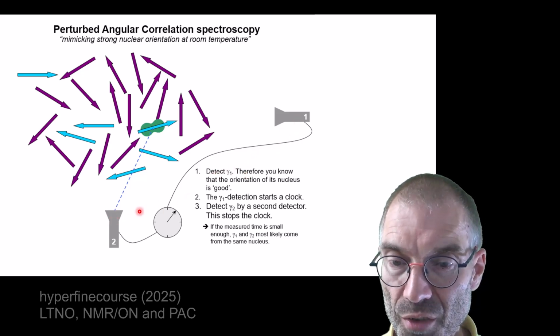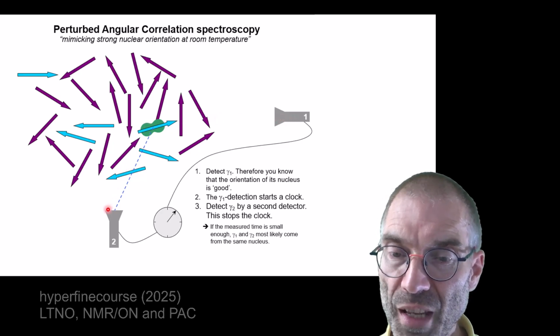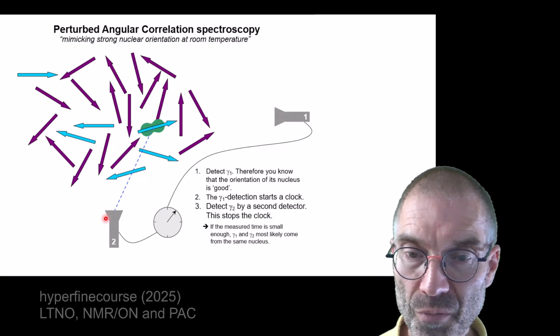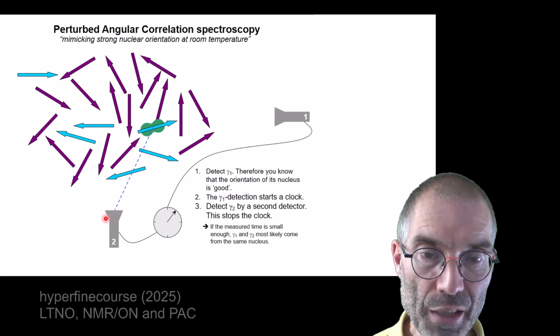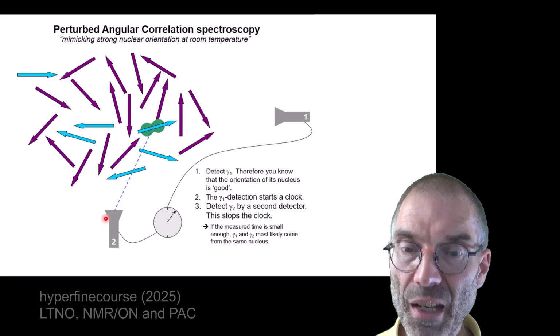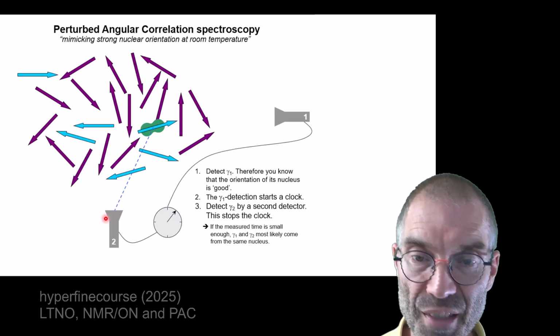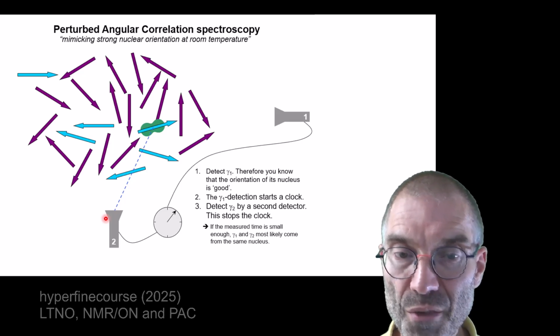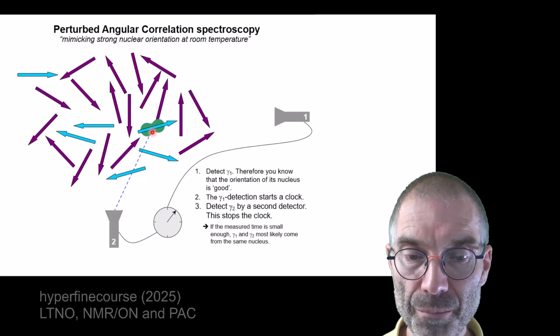So you measure the time difference between the emission of the first photon and the emission of the second photon. And if that time difference is within, say, 5 times the lifetime of that intermediate level in the cascade, then you know that it is very likely that both come from the same nucleus.